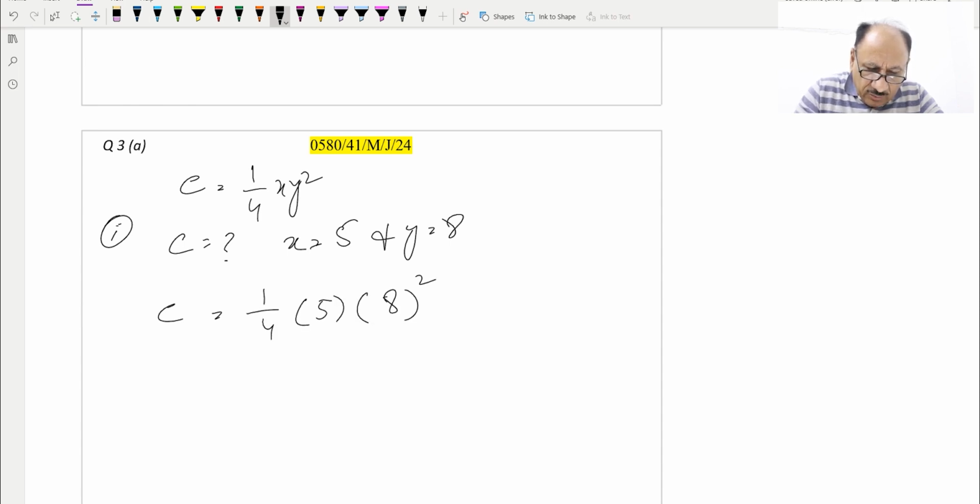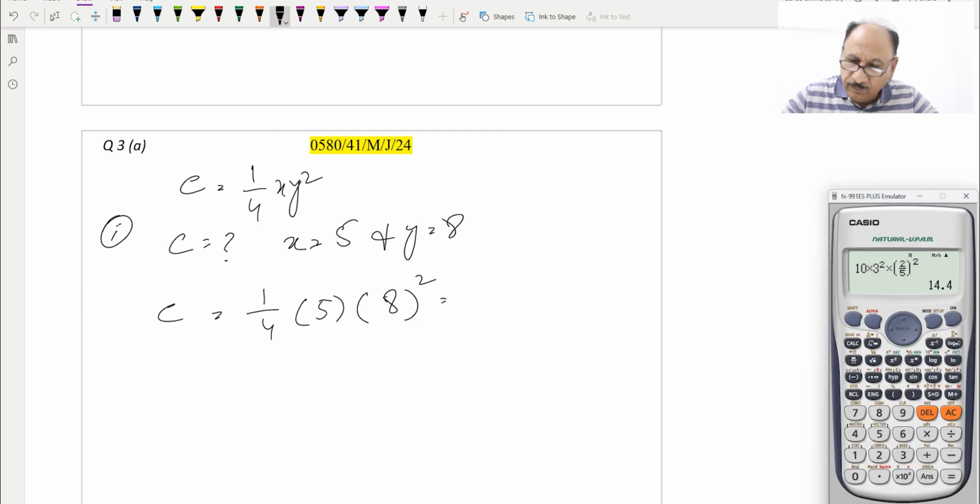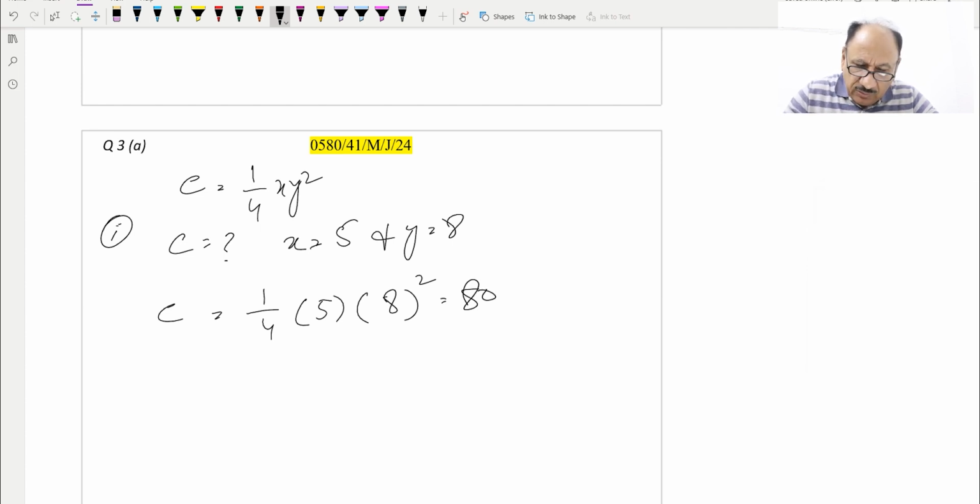Always replace values in brackets. We calculate 1 over 4 multiplied by 5 and multiplied by 8 square, and this will give us 80. So our answer will be 80 at the proper location. This will be the C value, and this is the 2 marks part which we have done.